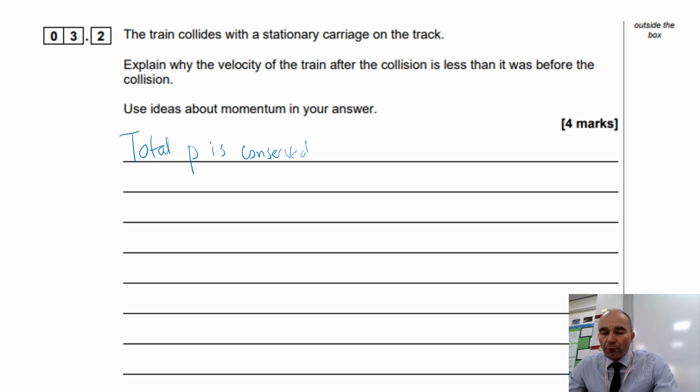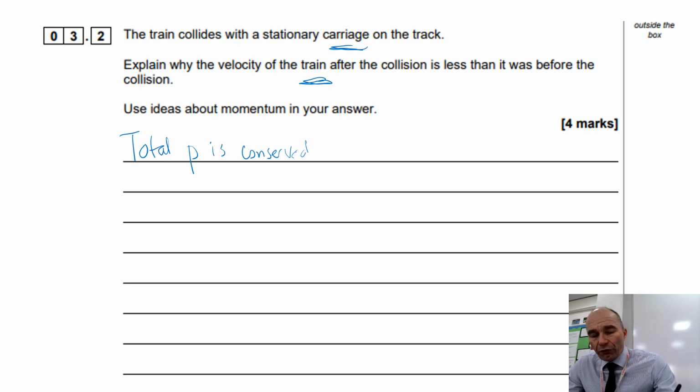Now, before we have the collision, the train is moving, so that will have a momentum. However, a stationary carriage won't have any momentum before the crash because it's stationary. Remember, momentum is mass times velocity. If it's not moving, the velocity is 0. Multiply anything by 0, it means it has no momentum.